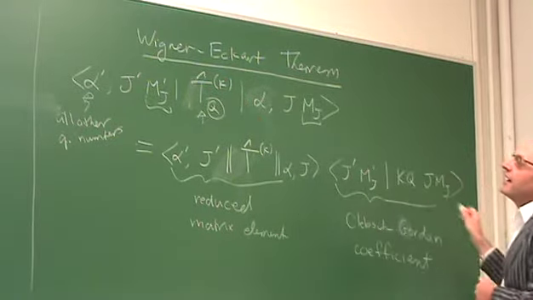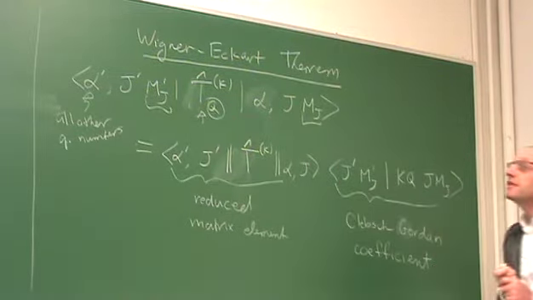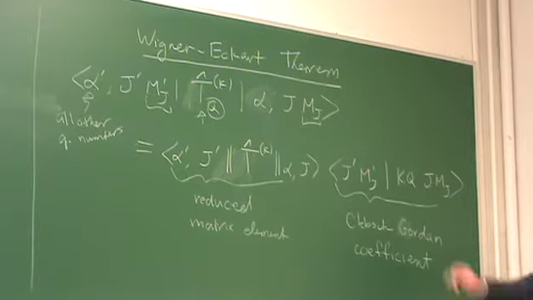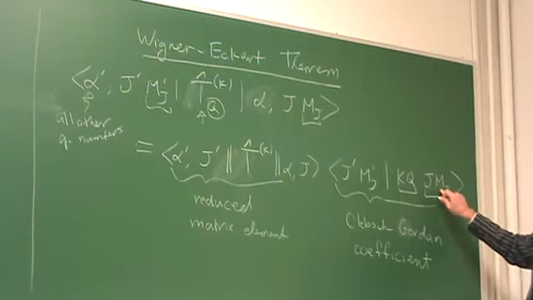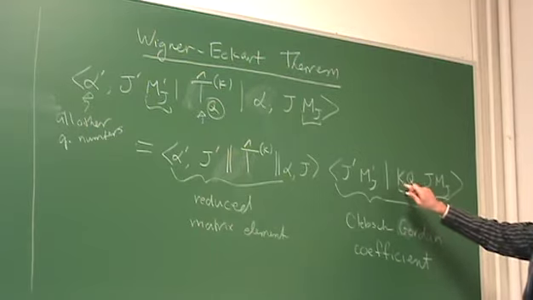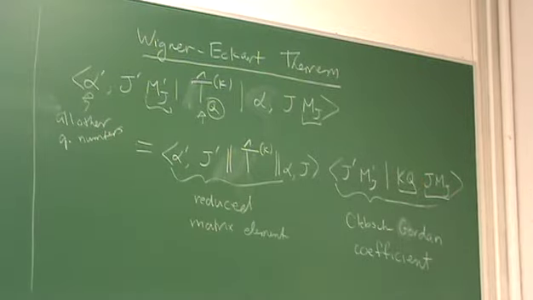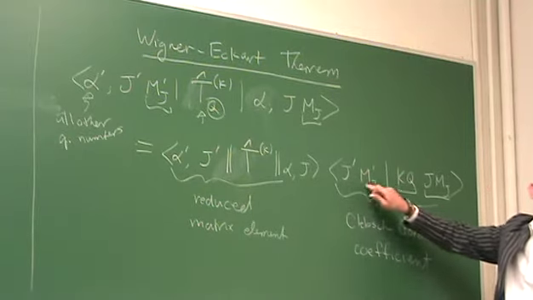And then everything that has to do with these directions in space is given by the Clebsch-Gordan coefficient. The Clebsch-Gordan coefficient that is related to the addition of angular momentum, where I add angular momentum J, Mj to angular momentum K, Q, and look at the probability amplitude to have total angular momentum J prime and projection.